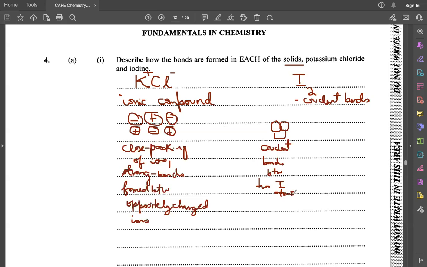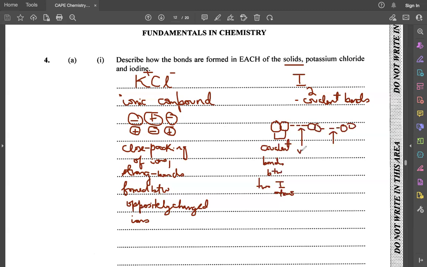But then there also exist some van der Waals forces between each iodine molecule. We have another iodine molecule over here that's also comprised of 2 atoms, and between that and another one, and we can imagine there's another one as well. These bonds are van der Waals forces. So in iodine, we say there are mixed bonds.